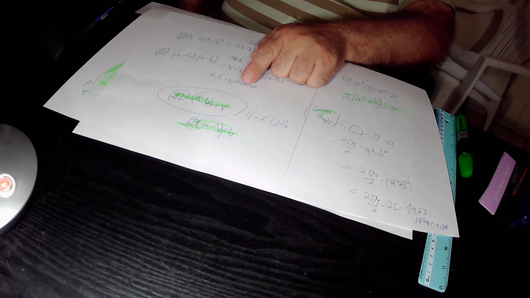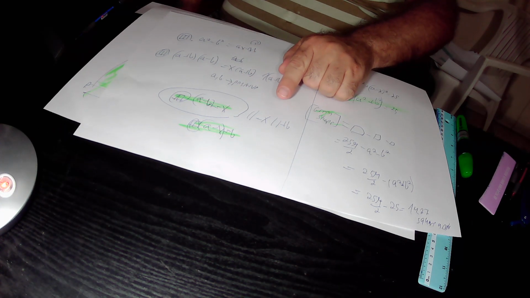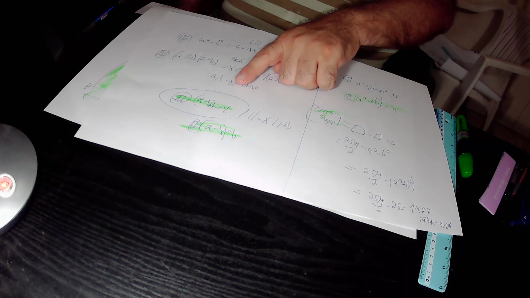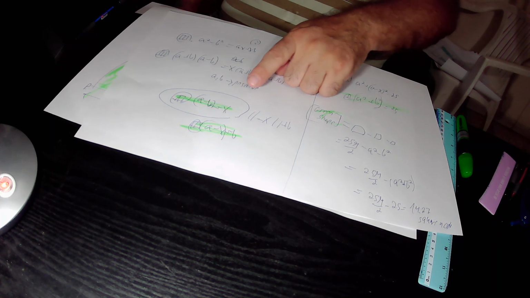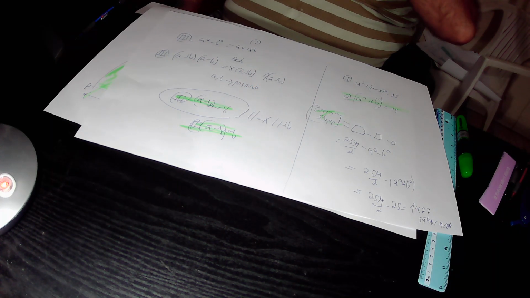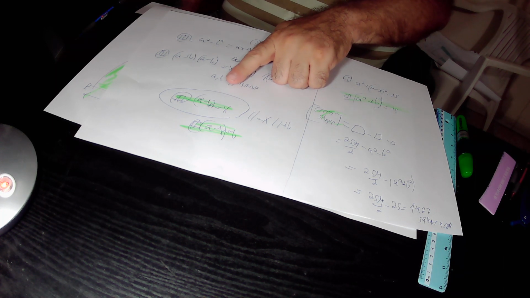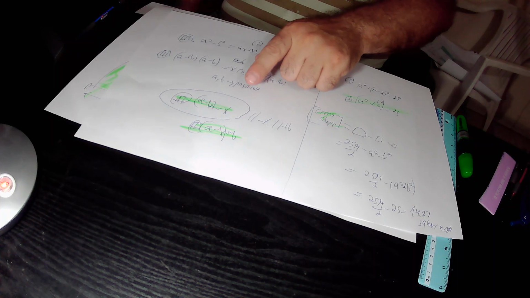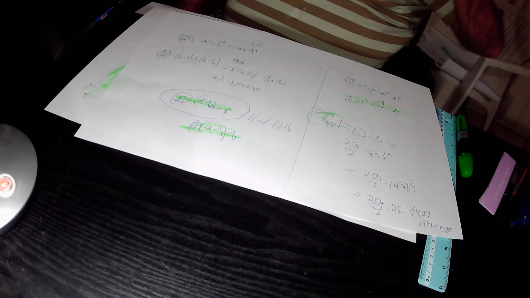So here we subtracted x and we added b to this equation simultaneously, and finally found out that a minus x equals b. Okay, so we have two equations, a minus b equals x and a minus x equals b.